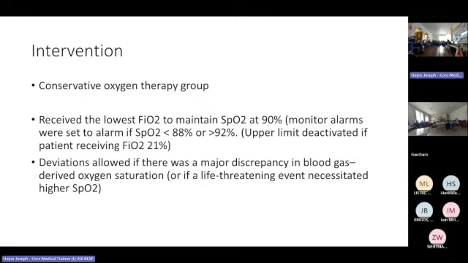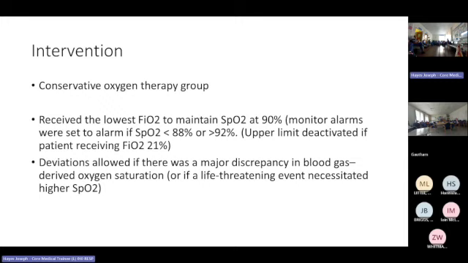The conservative oxygen therapy group received the lowest FiO2 to maintain SATs at 90%. So monitor alarms were set to alarm if SATs went below 88 or above 92, with the upper limit deactivated if a patient was receiving FiO2 of 21%.